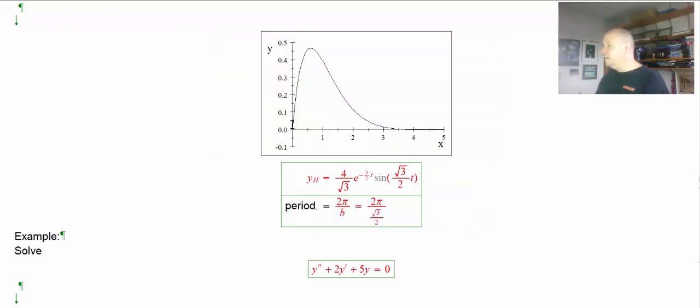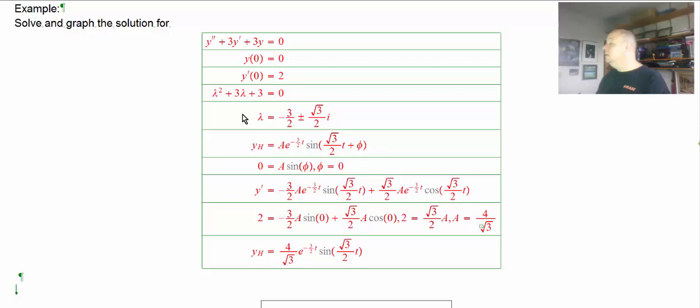So I could have drawn it. I know it went through this point at 0, 0 with the slope of 2, and I knew it oscillated down to 0. So I could have given a rough sketch, even with its period, right from this step. I could have drawn a hand-drawn rough sketch of that picture as soon as I knew the eigenvalues.